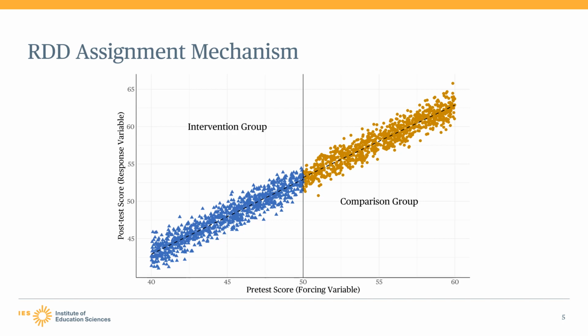For any students who score above some cutoff value on an admission score that is comprised of their high school grade point average, class rank, and ACT test score. In that example, students scoring above some cutoff value on the forcing variable would be assigned to receive the merit aid intervention.